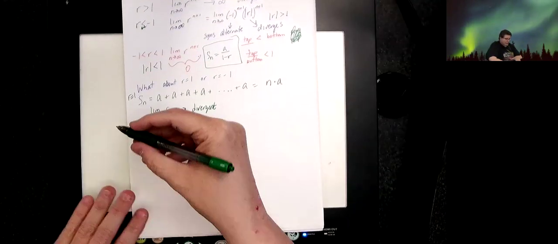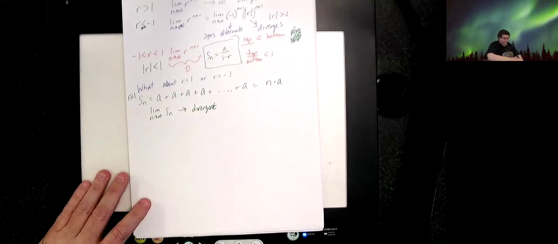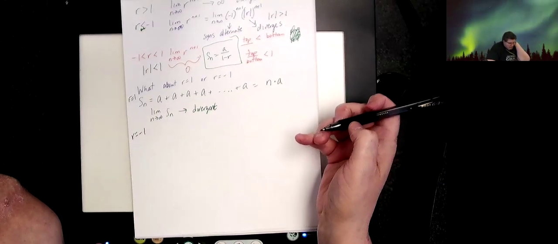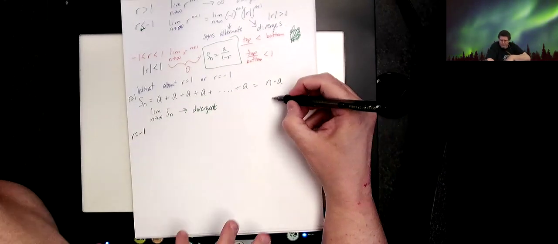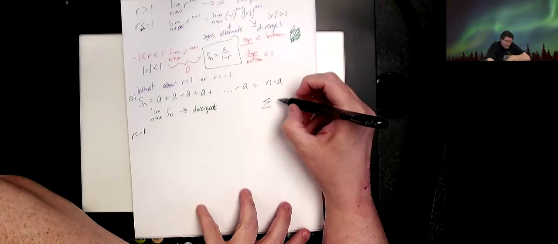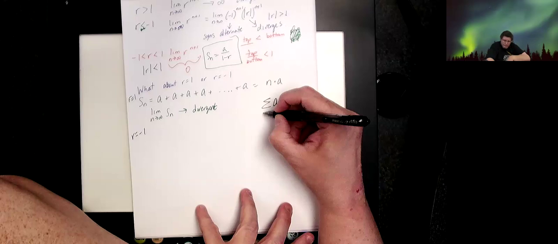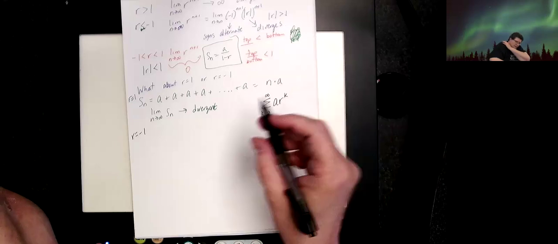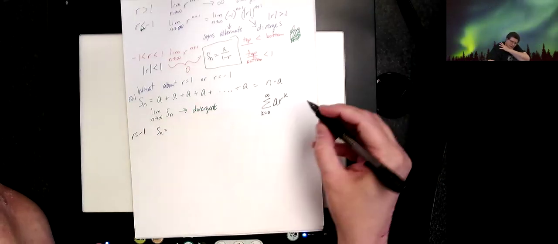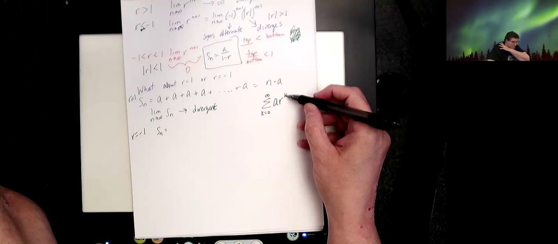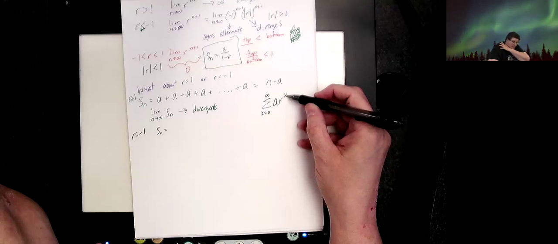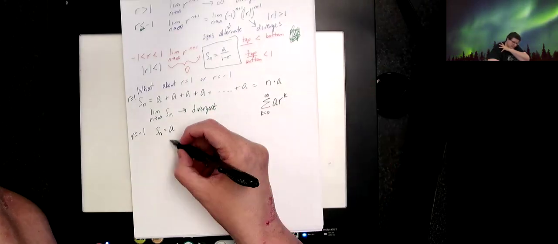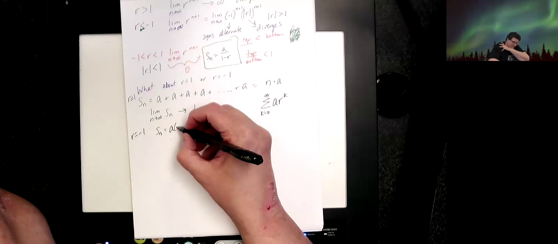And finally, let's look at the r equals -1 case. I'm going to rewrite what we're looking at here: a r to the k. So S sub n, -1 to the 0 is +1, so it's just a. Let me write it out.